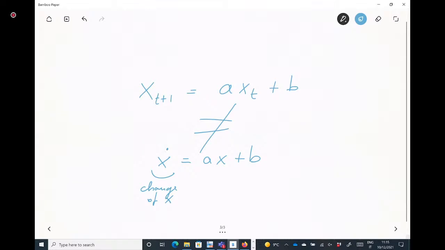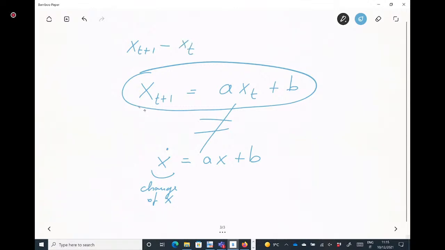So if you want a similar model to this one, or just if you want to compute a continuous time model which is similar to this one, you have to write x_{t+1} minus x_t on the left. But now you have subtracted x_t here. You have to subtract x_t also here.